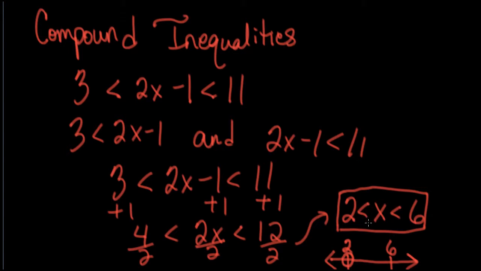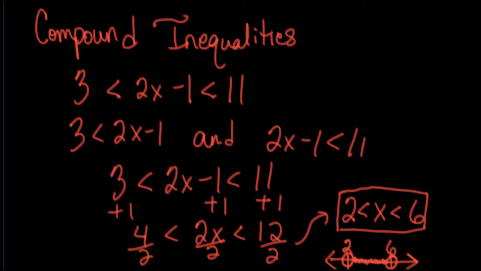There is no line under the symbol, so there is not going to be a closed circle. So it's an open circle over 2 and 6, and I shade in between them, symbolizing that the answer is going to be somewhere between 2 and 6. It can't be 2, it can't be 6, it has to be between 2 and 6. It can be 2.1, it can be 2.0001, but it can't be 2.